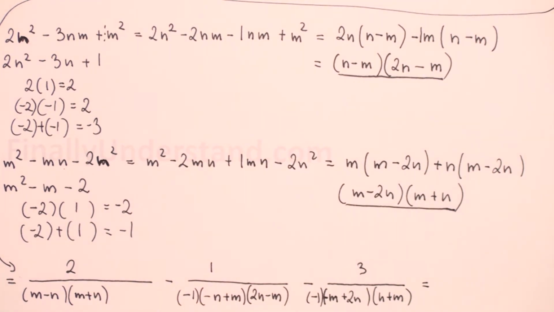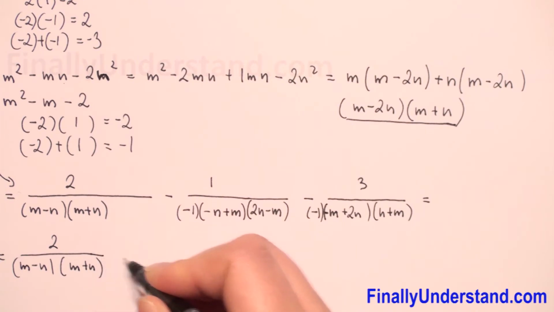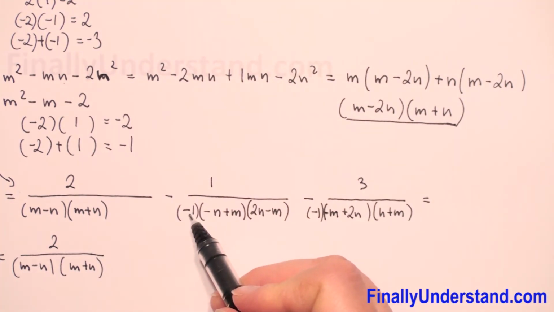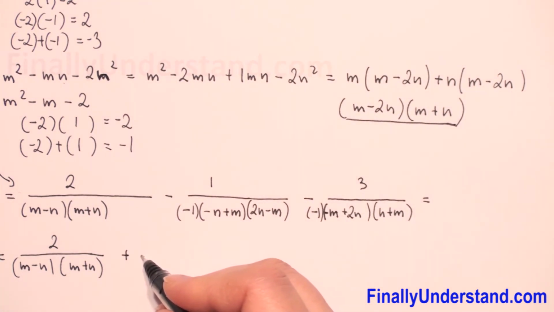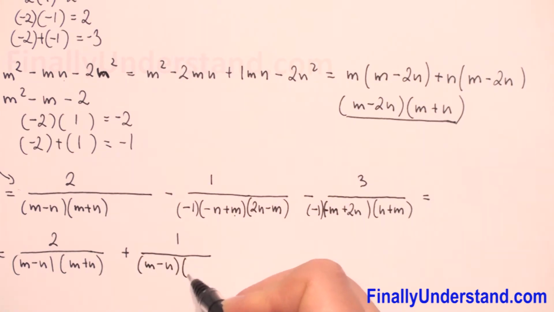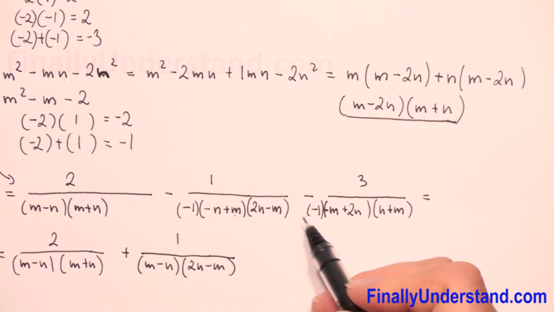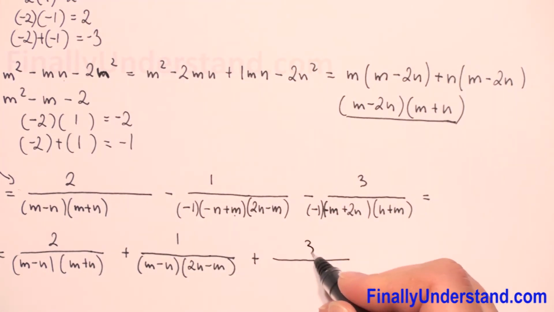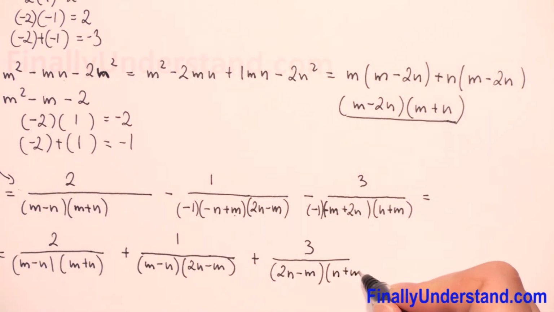We have m minus n times m plus n, and now we have a negative sign in the denominator and a negative sign before this whole fraction, so negative and negative give me positive, and we will have 1 over, I will put the positive variable first, so it will be m minus n, and we have 2n minus m, copy first, and again negative and negative give me positive, so it will be plus, and we have 3 over, first I will put the positive expression, 2n minus m, and we copy n plus m.